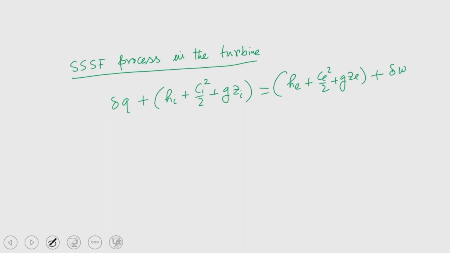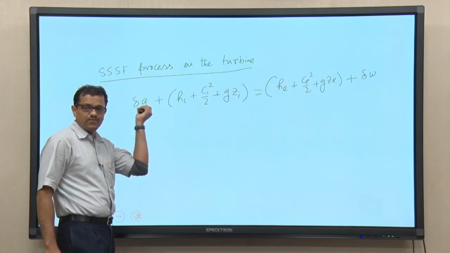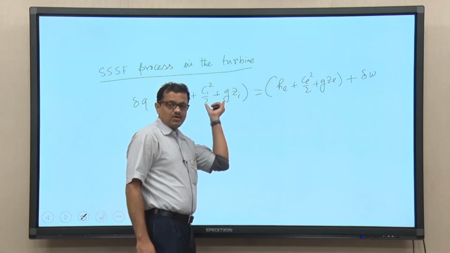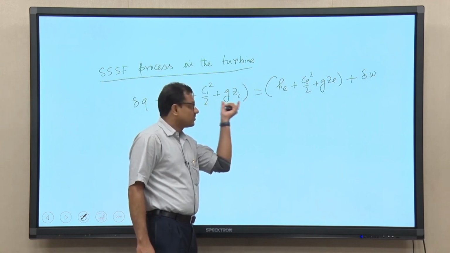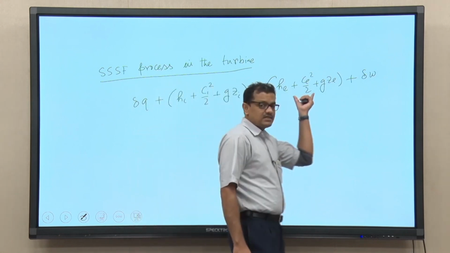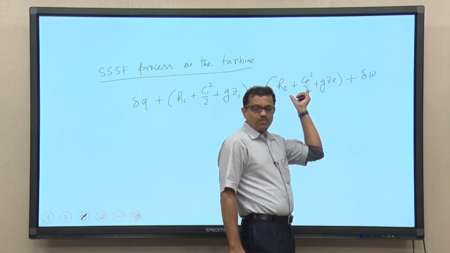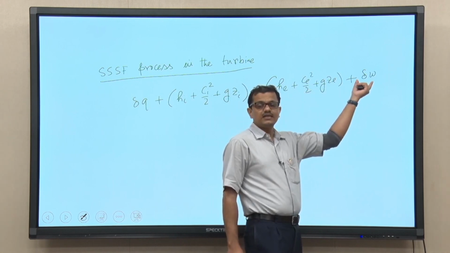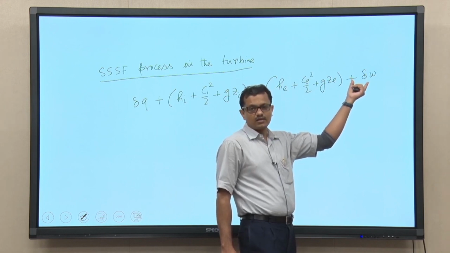Again, this is the energy addition to the control volume in the form of heat, this is the energy addition to the control volume due to flow, this is the energy out from the control volume by the flow, and this is the energy out from the control volume by work.